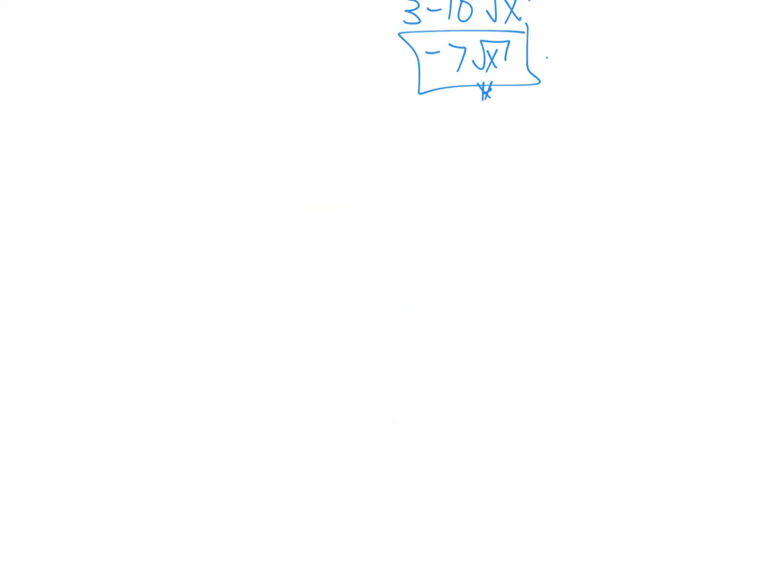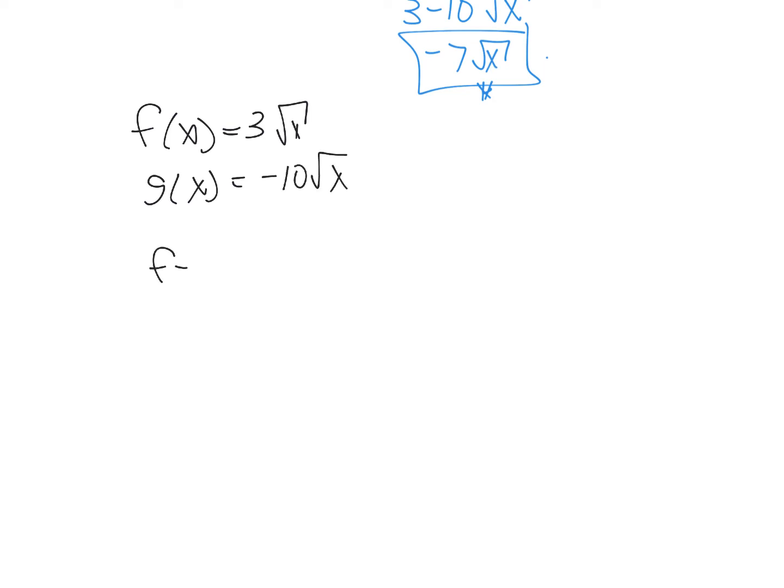Okay, so now let's look at the same thing. Let's say we are going to subtract those two. So again, it was that f of x, and we had 3 square root of x, and our g of x, and we had negative 10 square root of x. And so they're going to write it as f minus g, and order matters here.